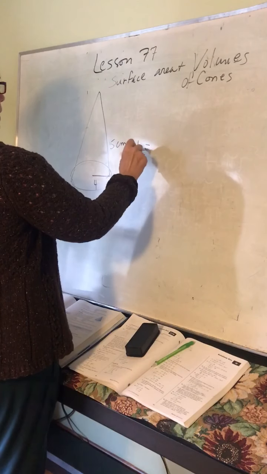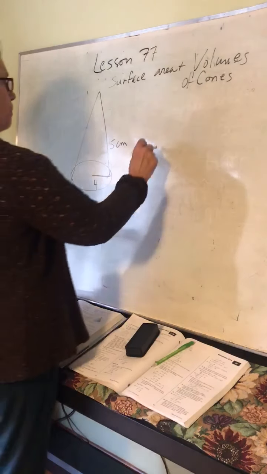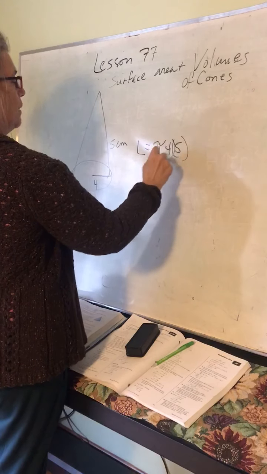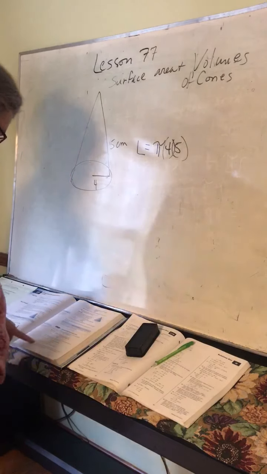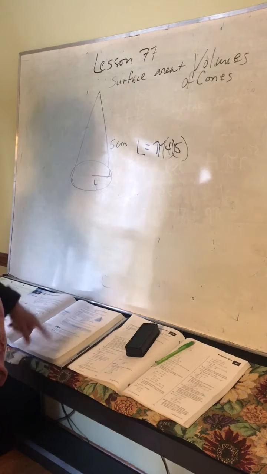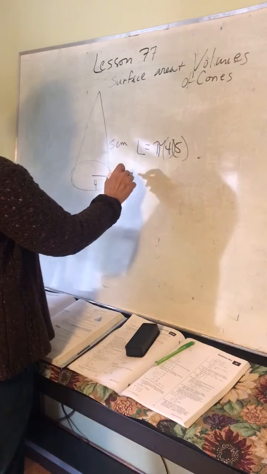The lateral area is equal to the formula they have in the book, which is pi r and then 5. That's the lateral area. And then to that, you will add the area of the circle if you want surface area. Anyway, this is a lateral area.